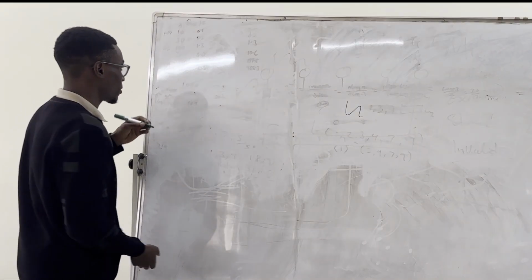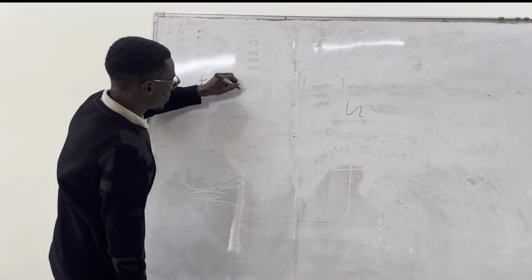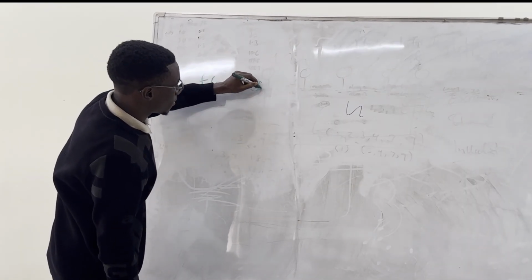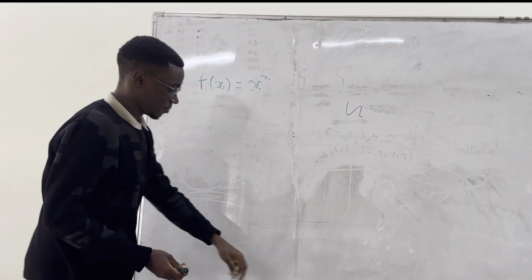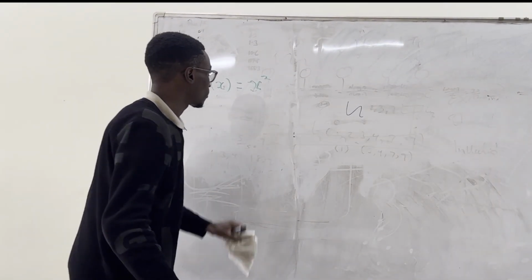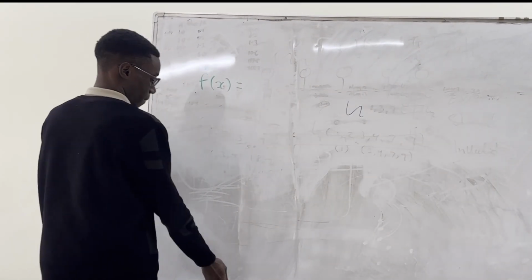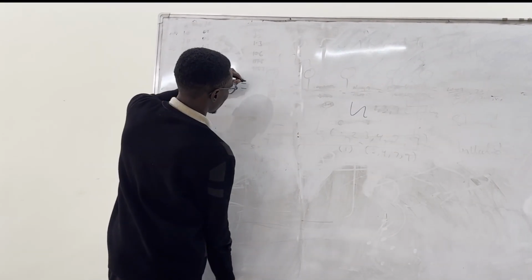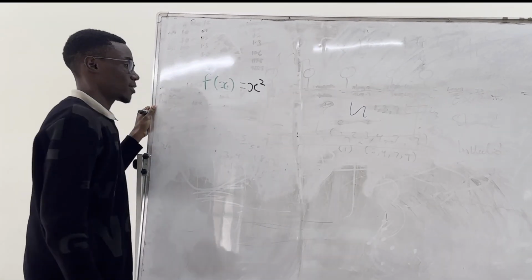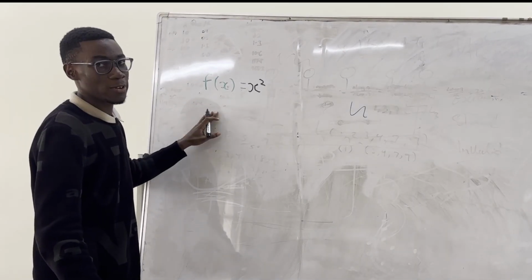Let's say you have a function f of x is equal to x squared. So these functions normally take in one input, what we call the variable.